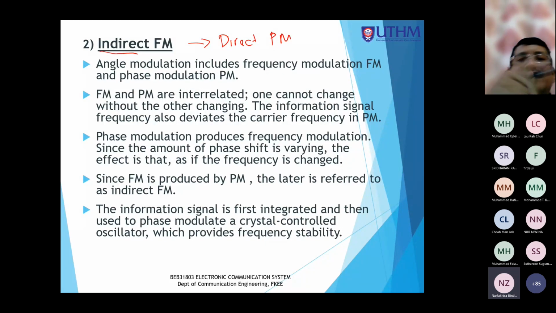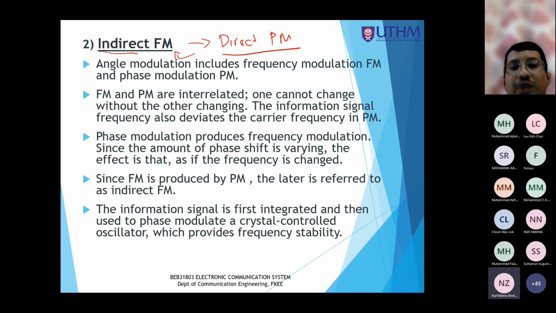Okay, so that means we are actually doing the process of phase modulation, which is indirectly doing the process of FM. In a simple word, we do phase modulation, and at the same time, this is indirectly doing the process of FM.